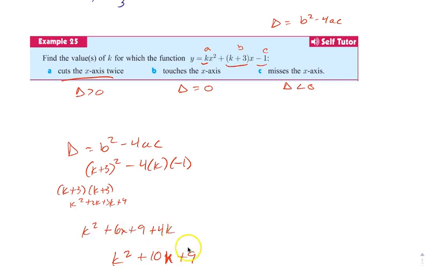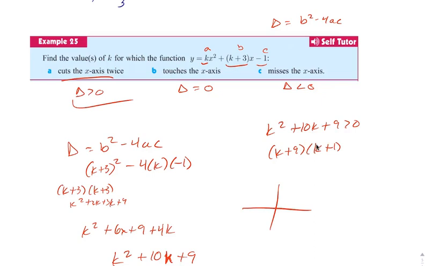So we're going to do what we always do. Let's look at the graph of that guy. Let's see if I can factor it. Let's do the first one first. I want to find when k squared plus 10k plus 9 is greater than 0. We're lucky, we can factor that. It's k plus 9, k plus 1. So if I graph that, cross at negative 9, cross at negative 1, it's opening up because it's a positive k squared.